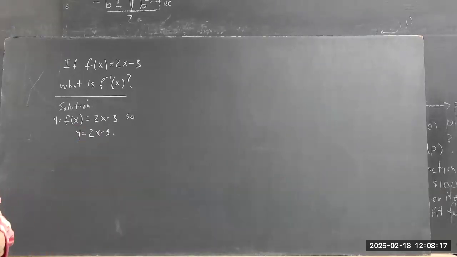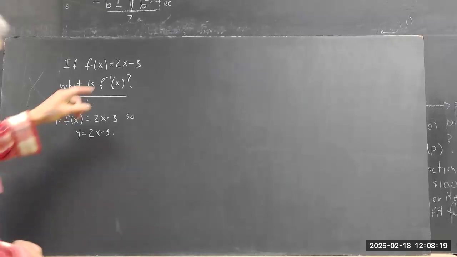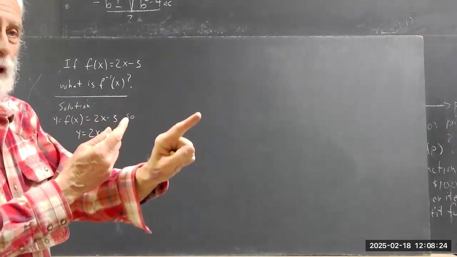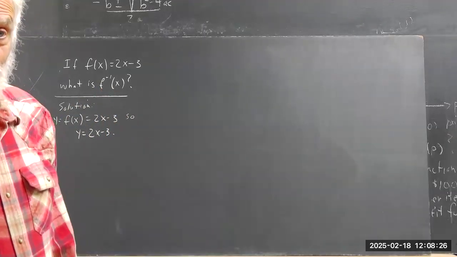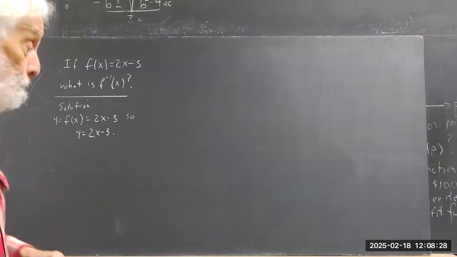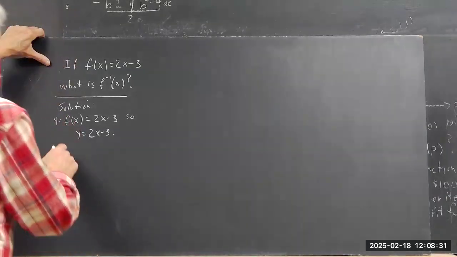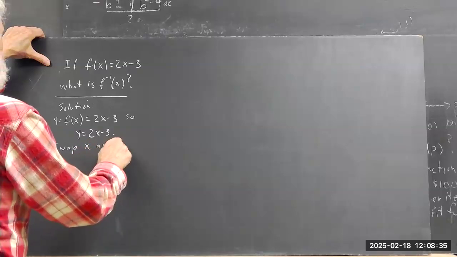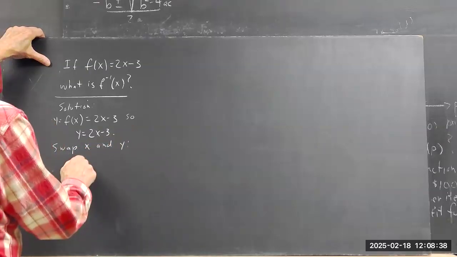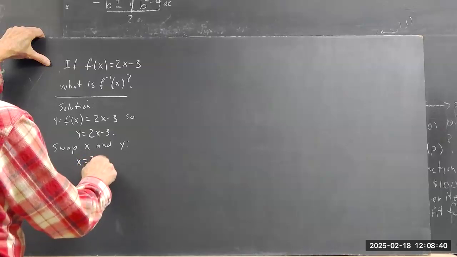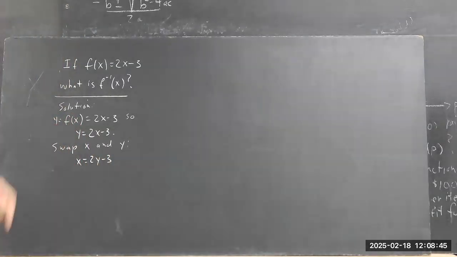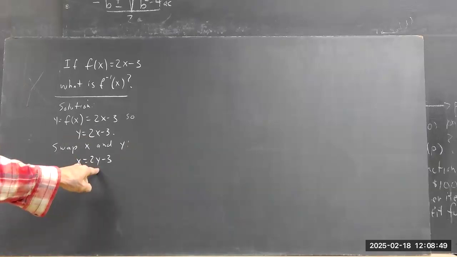That's your first step. To find the inverse function, what did we do with the tables? X became y and y became x, right? We swapped x and y. So we swap, y equals. In other words, y is going to be the value.